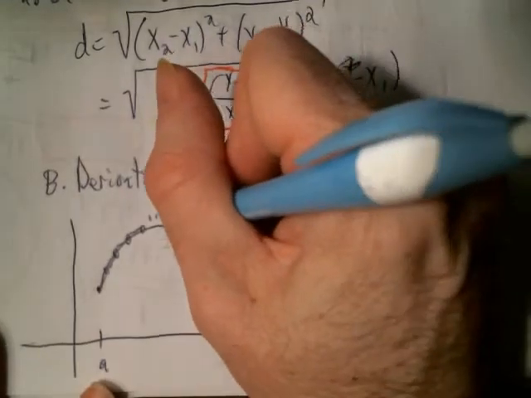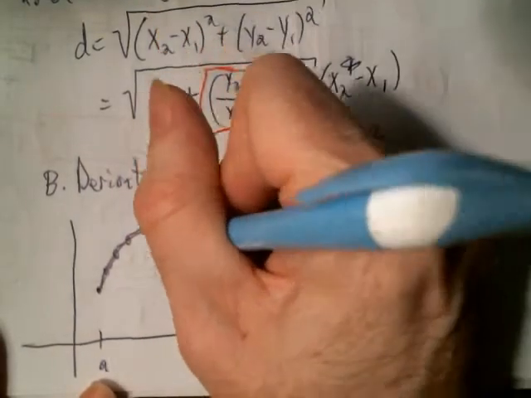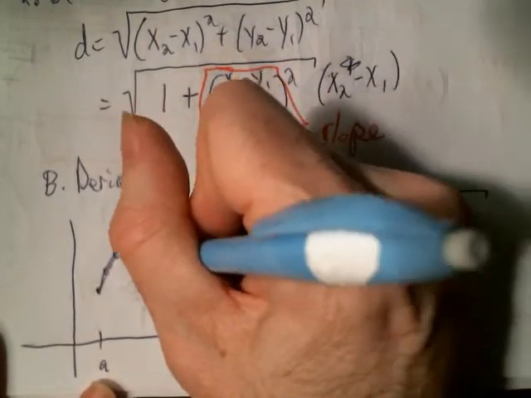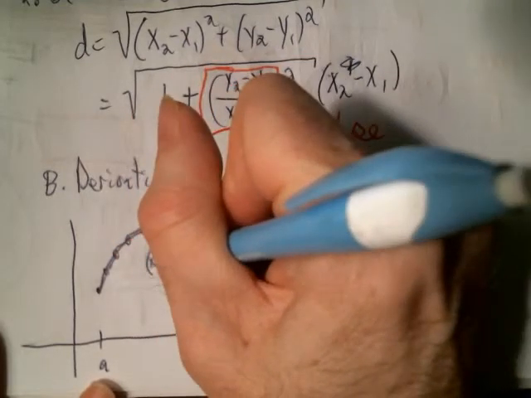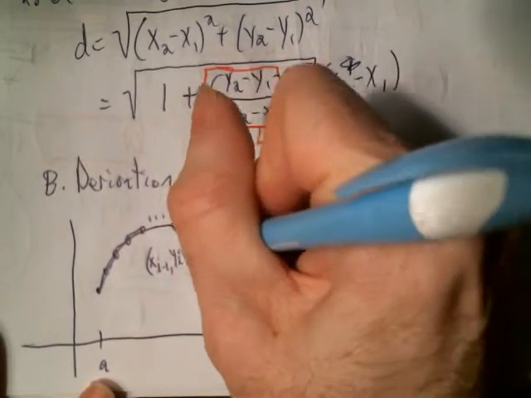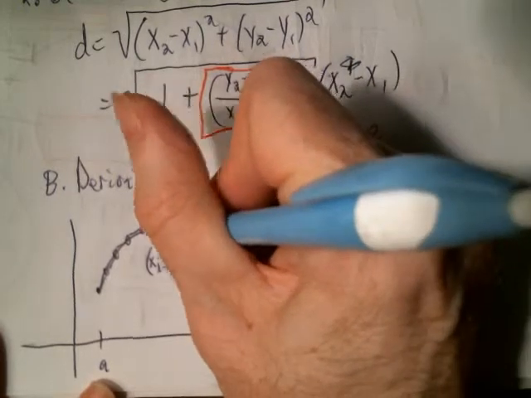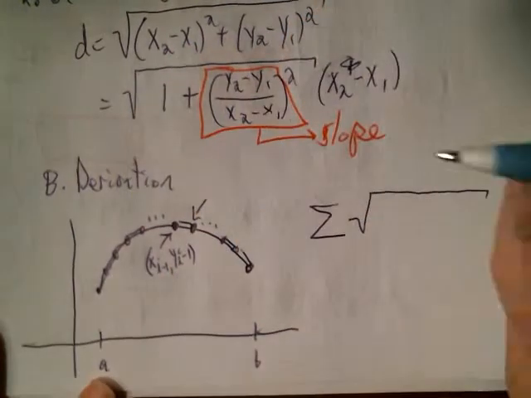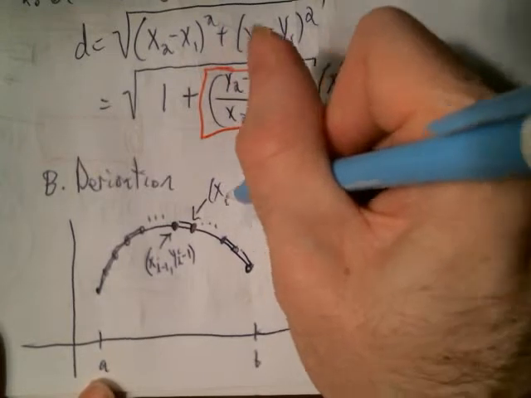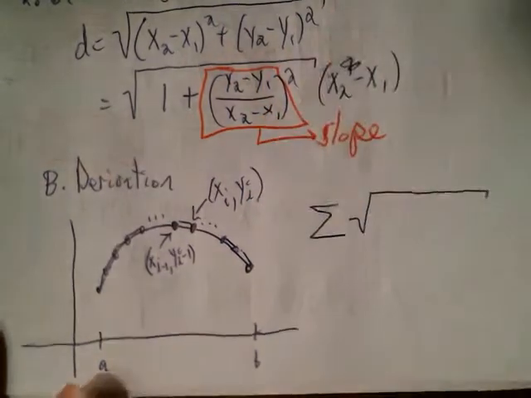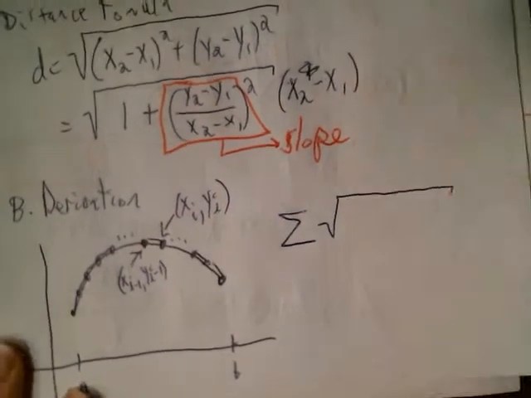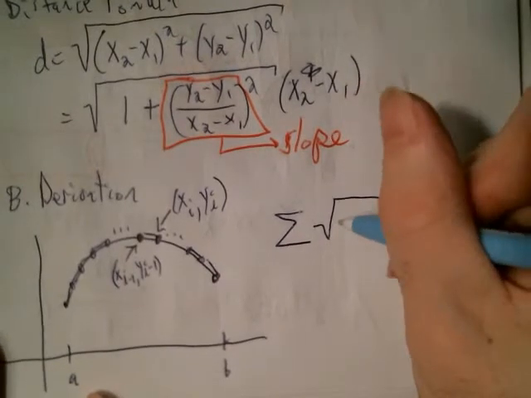Okay, so maybe in particular we had these two points here. Let's call this first guy (x sub i minus 1, y sub i minus 1), and then this guy will be (x sub i, y sub i). Okay. And then dump them into the distance formula.